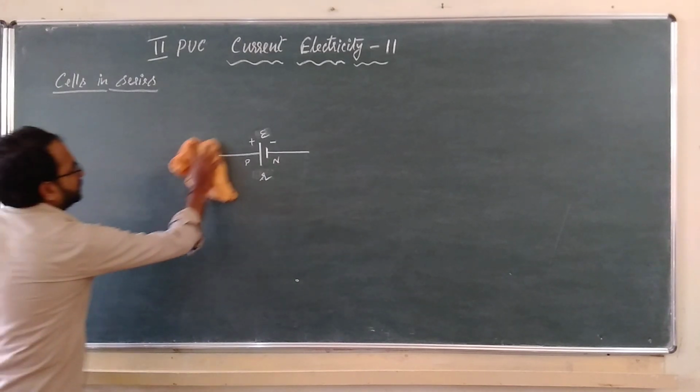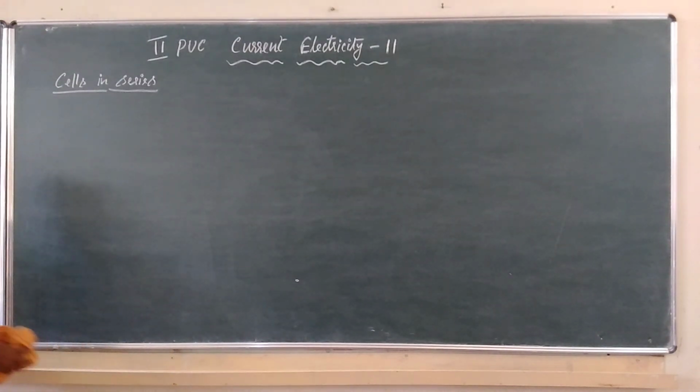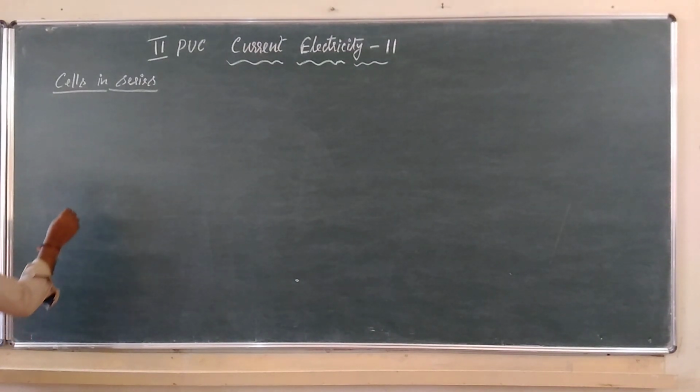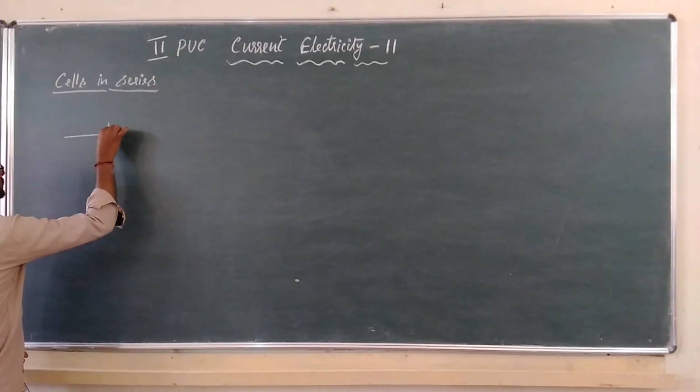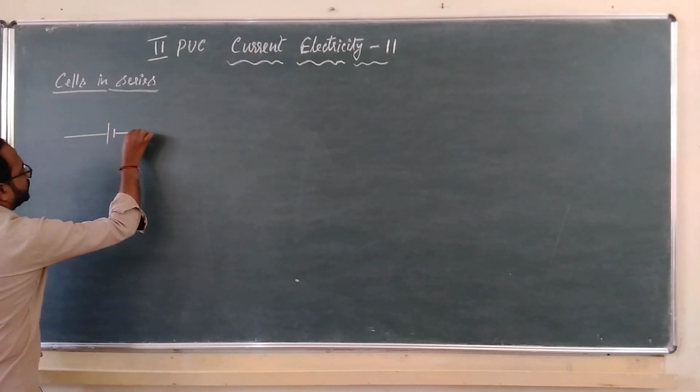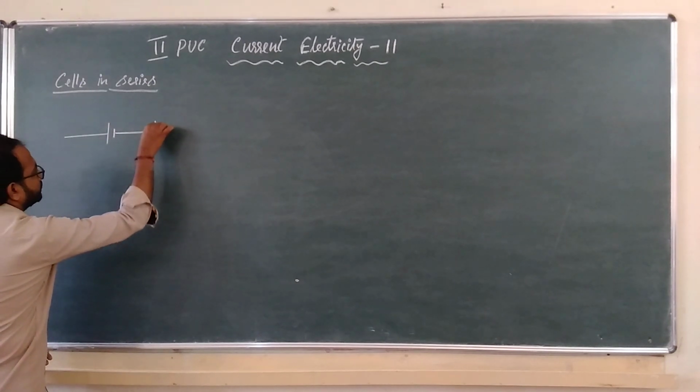The minimum number of cells required for the series combination is two cells which are connected in series.